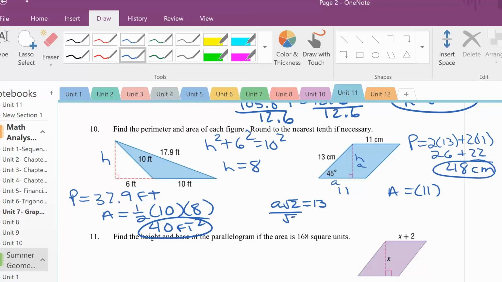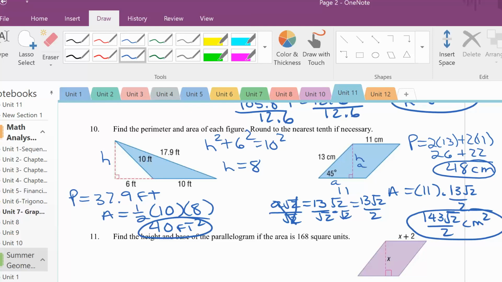So when we divide by rad 2, we multiply by rad 2 top and bottom to rationalize. So we get 13 rad 2 over 2. And then when we multiply, we get 143 rad 2 over 2 centimeters squared.